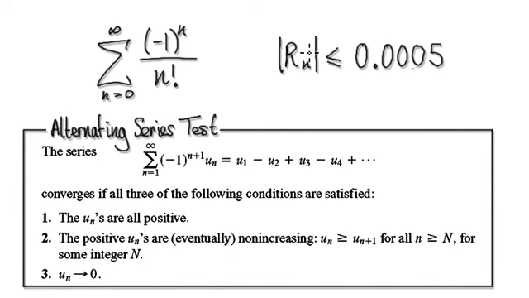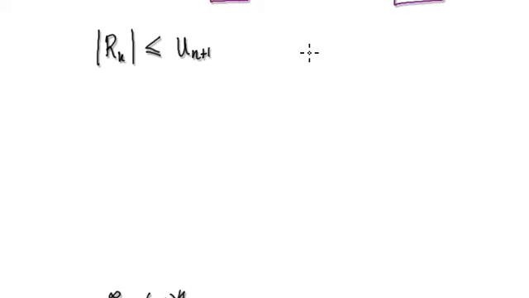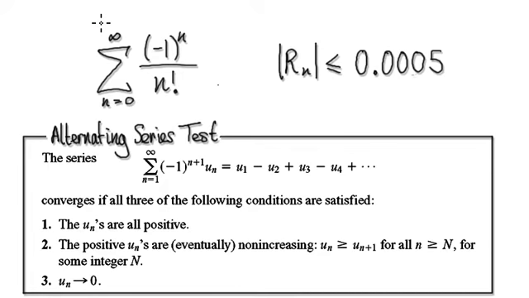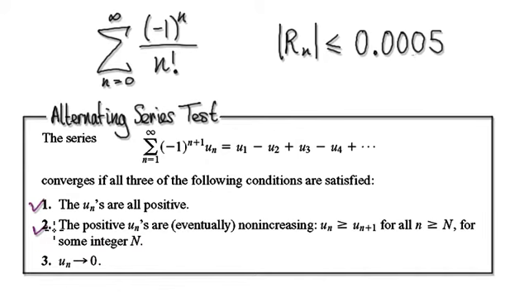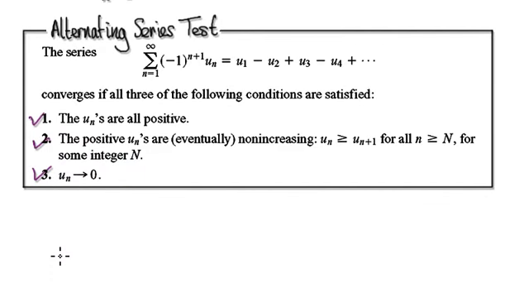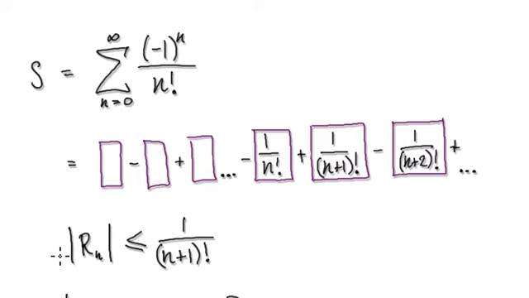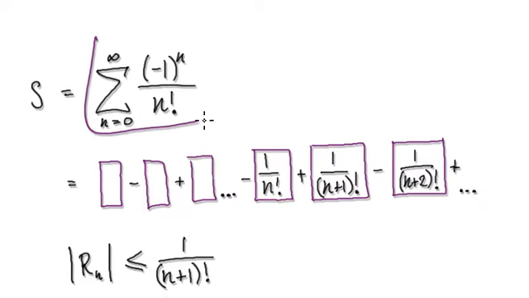So in order to use this, we need to make sure that all three have been satisfied. So now that all three have been satisfied, let's put it to use. So we know this alternating series will generate something like this.